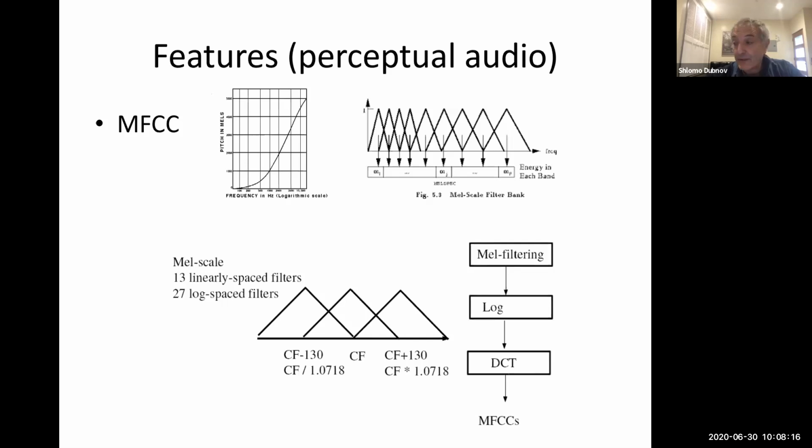When we do the Fourier analysis, we usually have a linear representation, but when we hear the frequencies, they space up in a logarithmic way. Actually, the Mel scale tells us how pitch versus frequency are related.